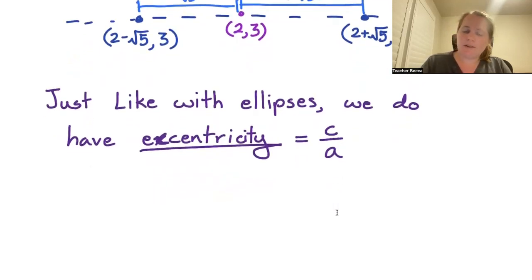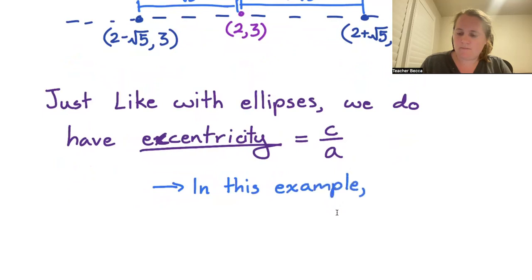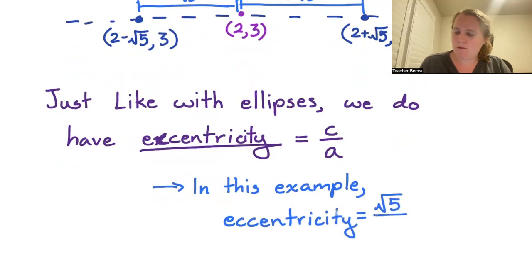So in this particular example, eccentricity would be square root 10 over 3.